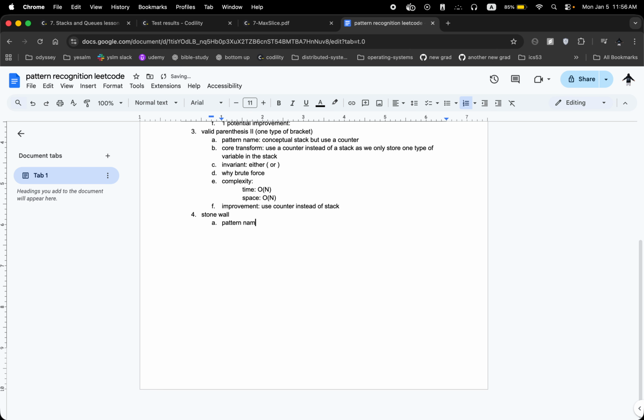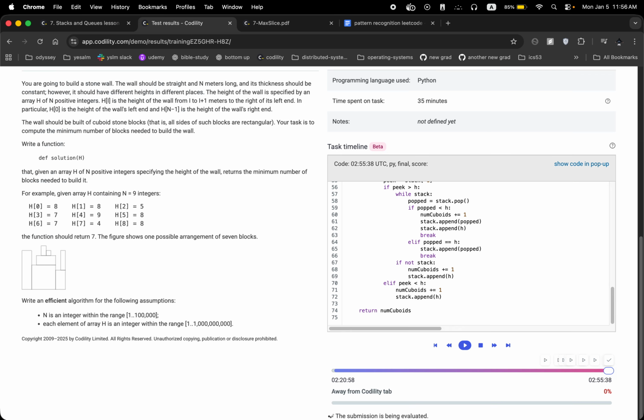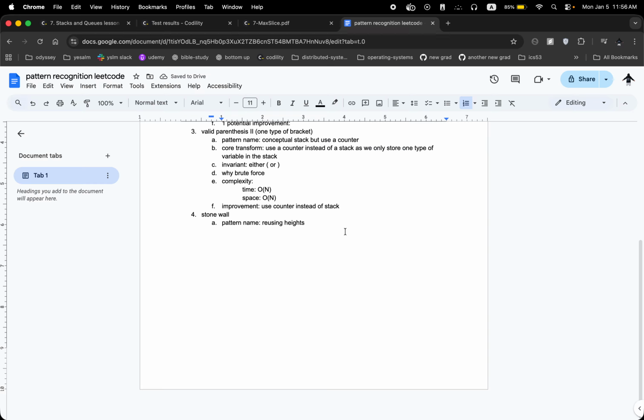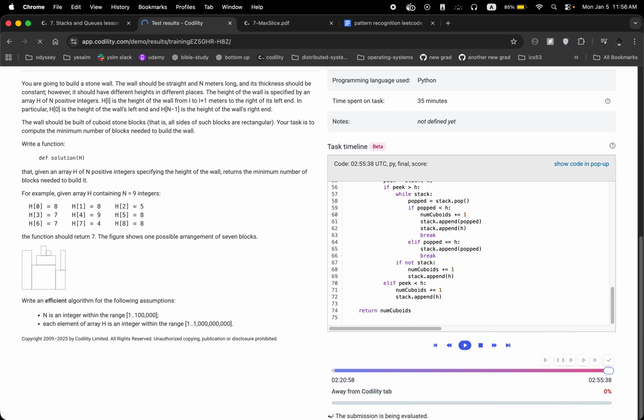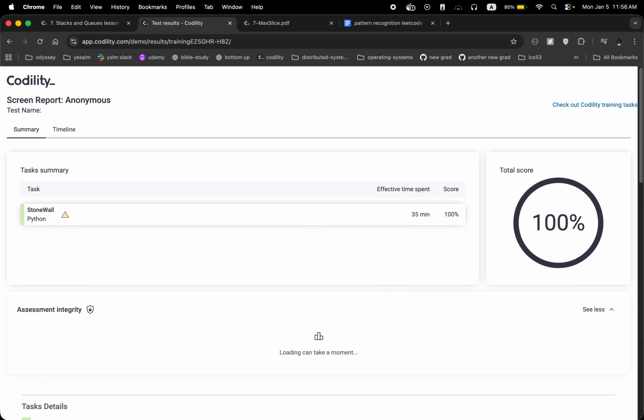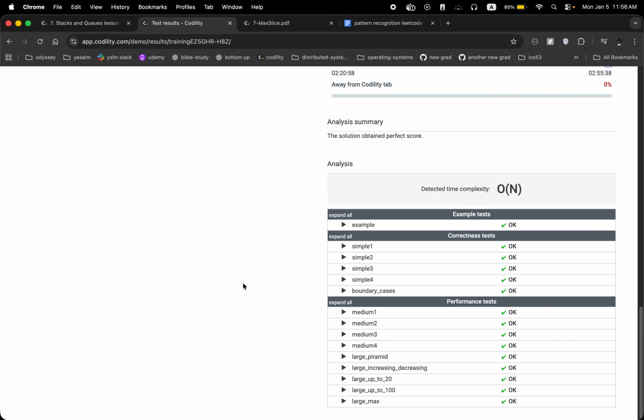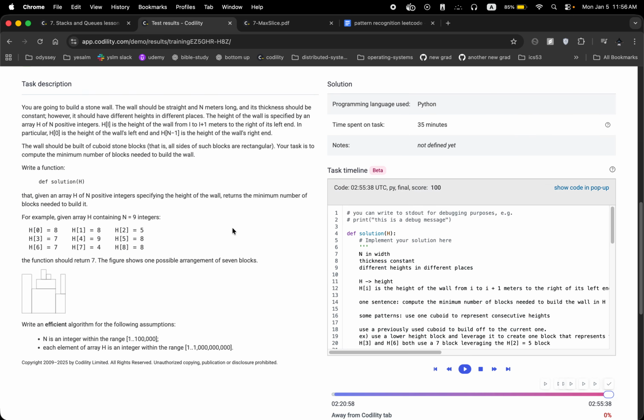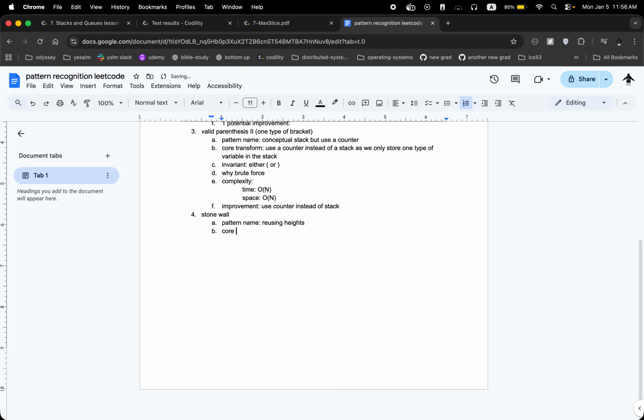This pattern name, what is the pattern name for this? Reusing heights. Yes, sir. Let's go.